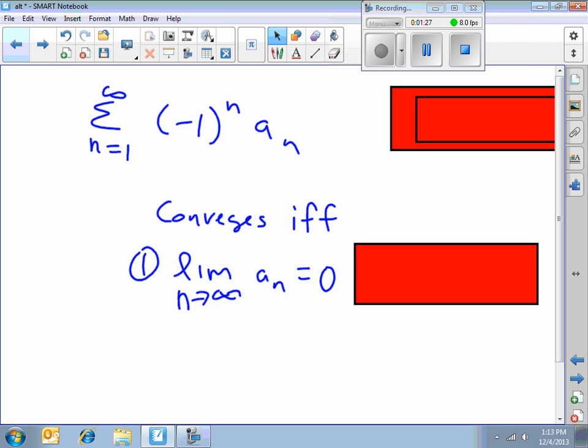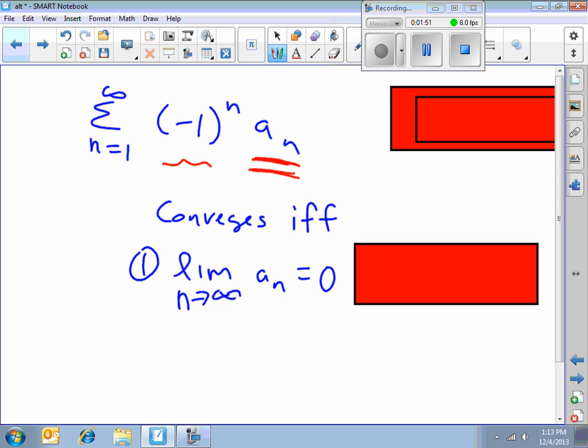We've already talked about how to tell if a series converges, but with the alternating one, the one that's oscillating back and forth, if this is going to 0, it is going to be convergent.